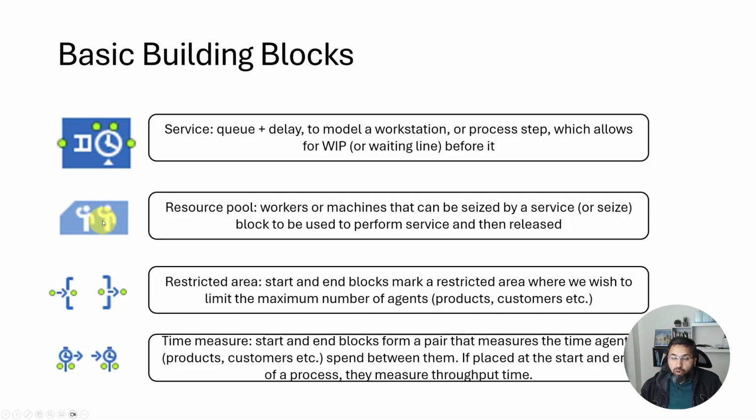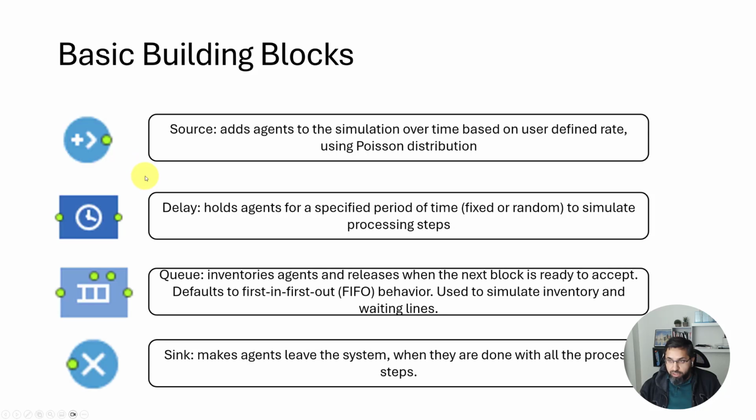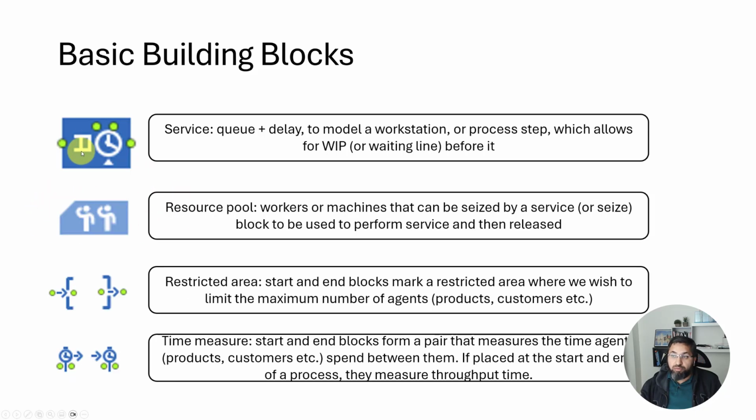Resource pool models workers or machines that are going to work on the customer. So for example, you could have a resource pool called nurses, and let's say in your hospital unit that you're modeling, there are 10 nurses present at a certain time. So you can put the capacity of that to be 10, which means you have 10 of this resource. And then different process steps like these delay blocks can have a seize and release block, or the service block can do that too.